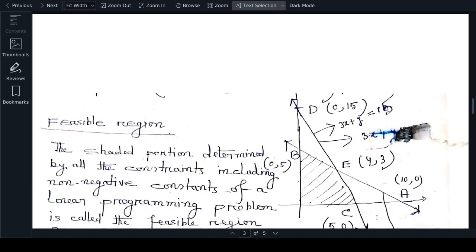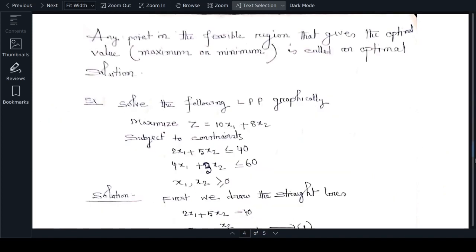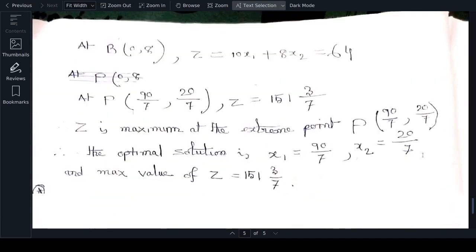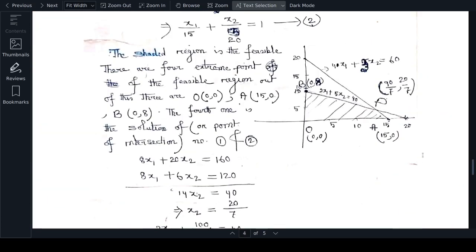So with the origin containing side, what will the common region be? Feasible region means common region. Which is the common region of these two lines? The feasible side.